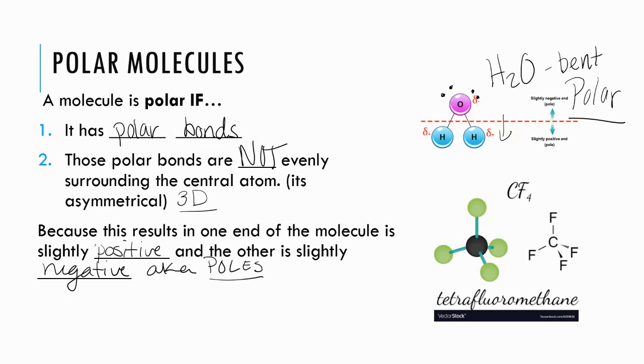If we look at the CF4 molecule at the bottom, the central atom is carbon, and we can see that the fluorines are spread evenly. This is a tetrahedral shape. So those fluorines are evenly spread out in 3 dimensions around the carbon. Because we have that 3D symmetry here, this molecule of carbon tetrafluoride would be considered nonpolar.